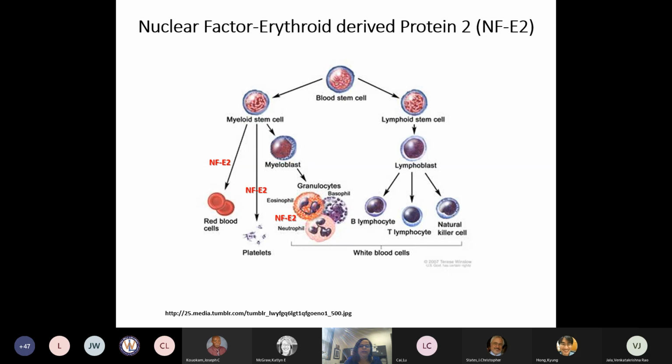NFE2 is a CNC cap and collar B-zip transcription factor that is known to regulate erythropoiesis, and it's also known to regulate beta-globin genes. It is also known to be present in the kidney, lung, and liver, but its role in these tissues is not clearly defined.